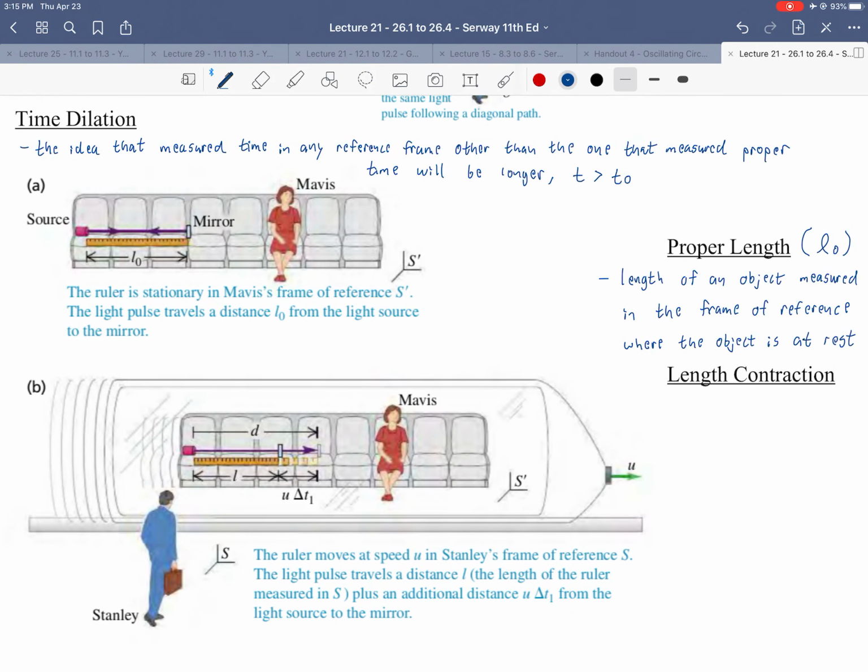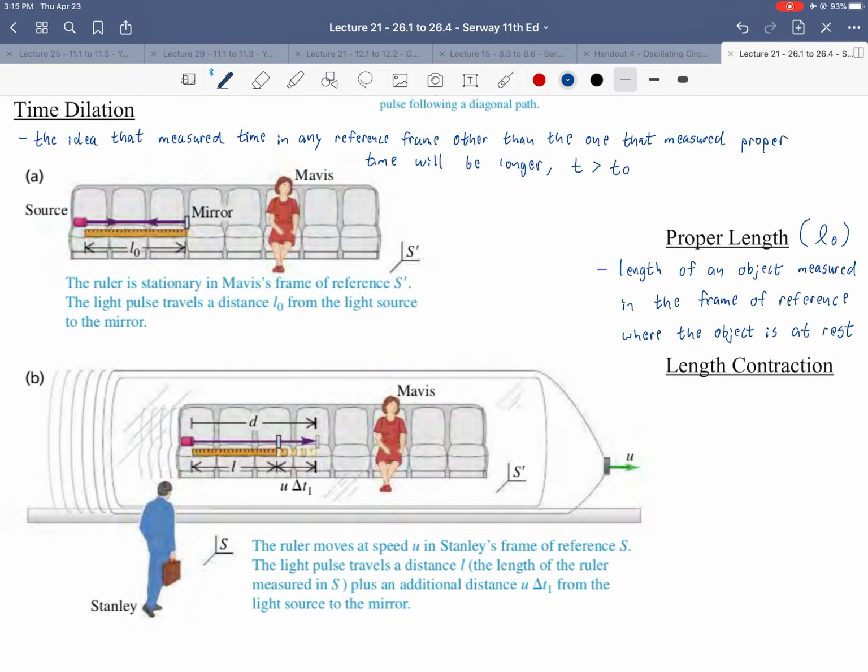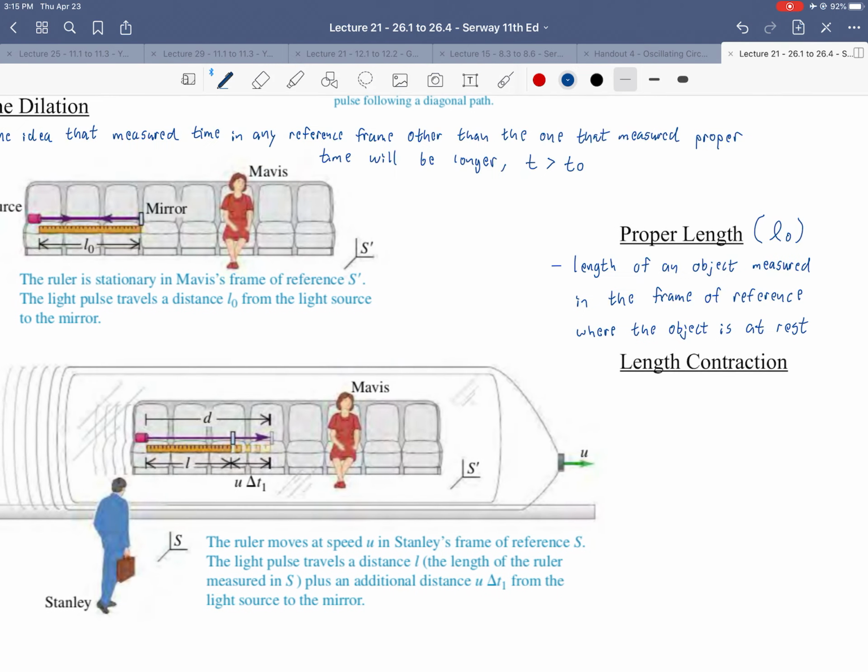Okay, so let's define length contraction and then run through the thought experiment with Mavis and Stanley, but just focusing on a different thing. The idea is that the proper length will always be greater than the improper length. The length measured in any other reference frame will be shorter than the proper length.